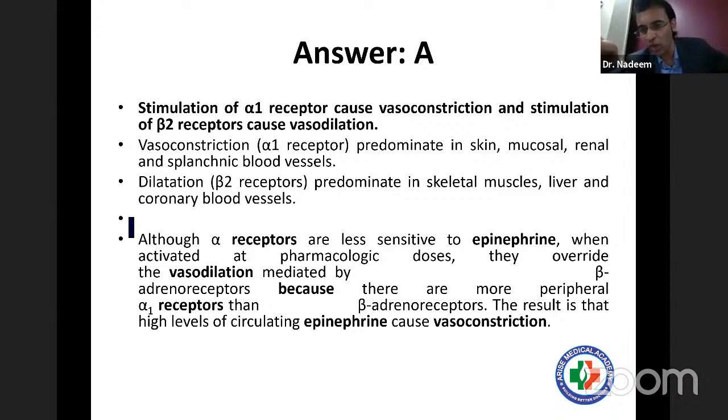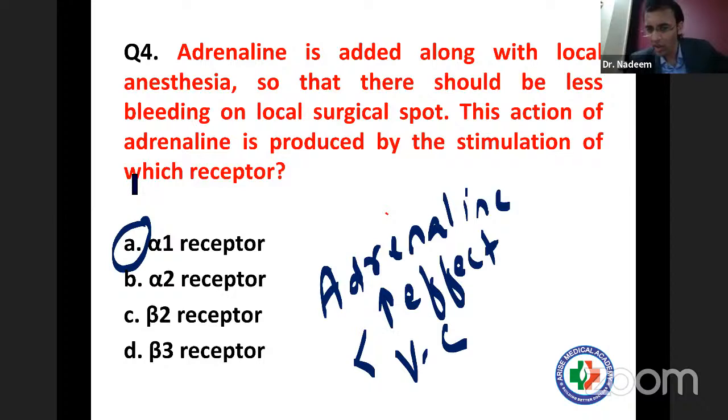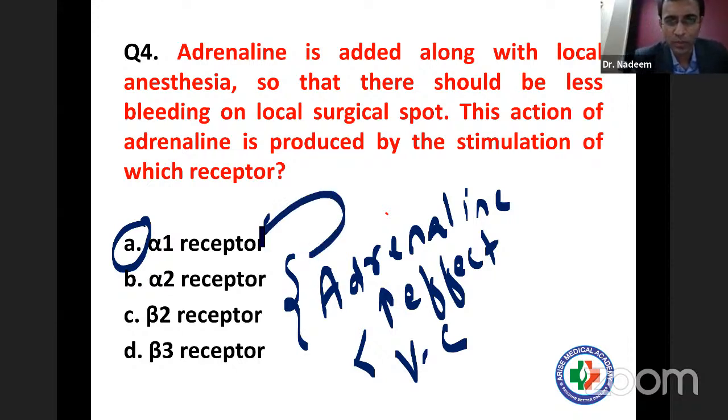Beta 2 will cause what? So that is going to cause dilatation. Easy to understand, no? So overall, I'm talking about adrenaline. Adrenaline is doing vasoconstriction with the help of alpha 1 receptor. Answer is A. Now I can ask you some more clinical questions related to adrenaline.